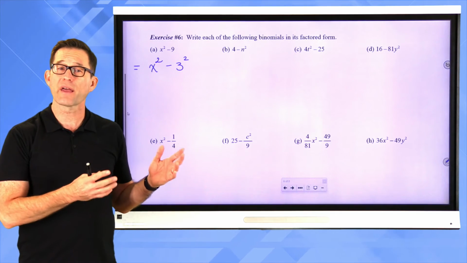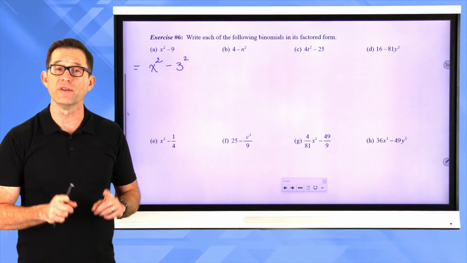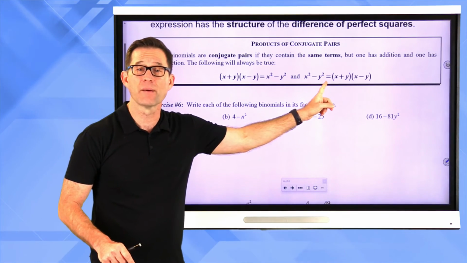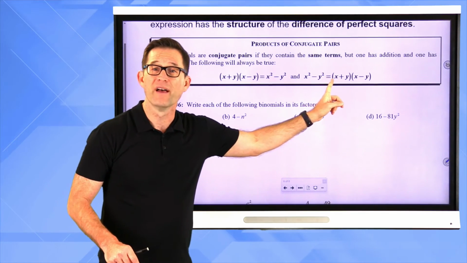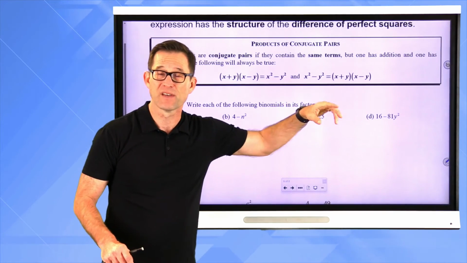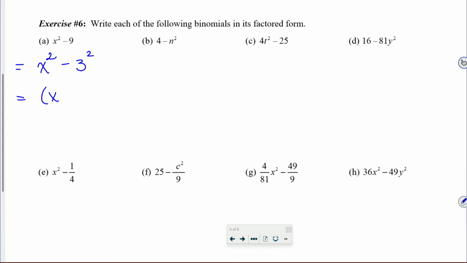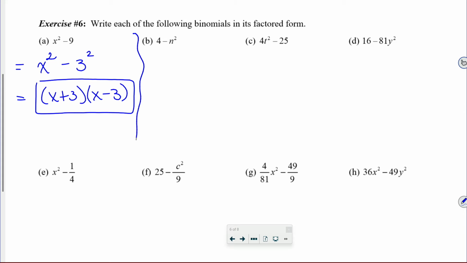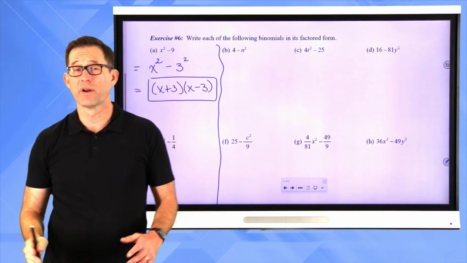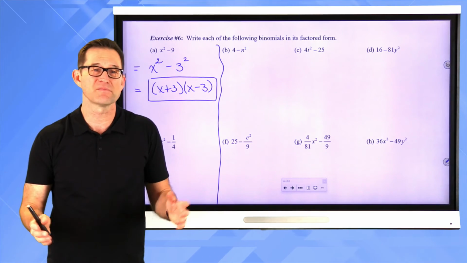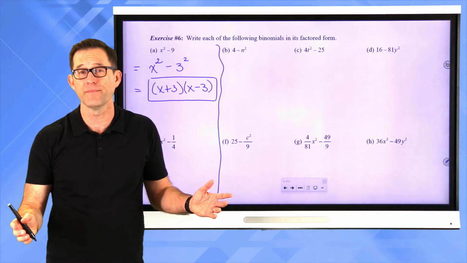Now, as soon as I recognize this fact, then I can use what we just saw, which is that anything that looks like something squared minus something squared can be written as x plus y times x minus y. Well, this can now be written as x plus 3 times x minus 3. Really quite simple. And if we wanted to prove it to ourselves, we can multiply it all back out and we'd get x squared minus 9, but there's really no need to do that, okay?